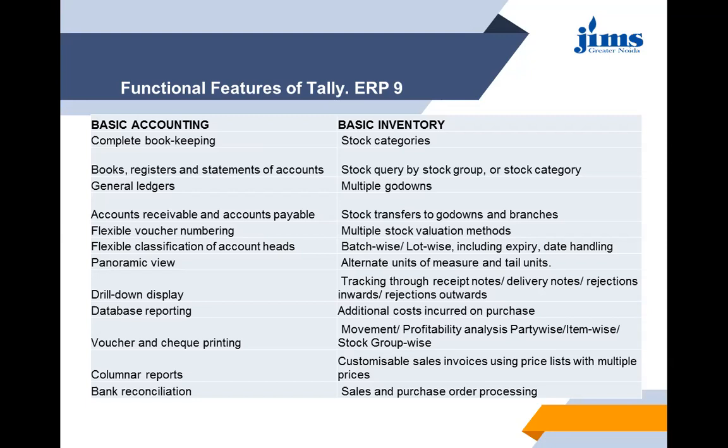Then we have columnar reports; we can print columnar reports. In inventory, a customizable sales invoice using a price list with multiple prices is maintained. Then a bank reconciliation statement is maintained in accounting, while in inventory, sales, purchase, and order processing books are maintained.